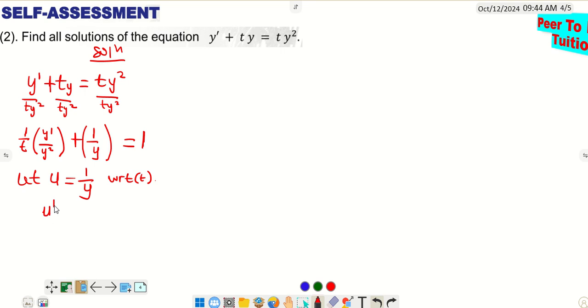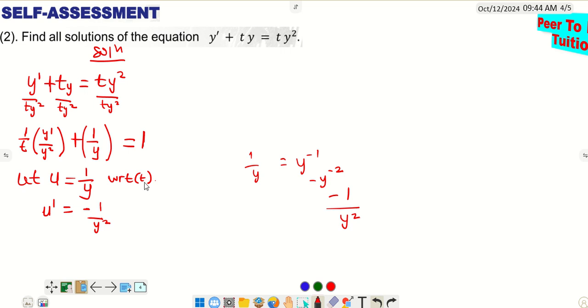So here becomes u prime should be equal to, if I differentiate this one, I'll get negative, 1 over y is the same as y to the negative 1. So I'll get negative y to the negative 2, which is the same as negative 1 over y squared.